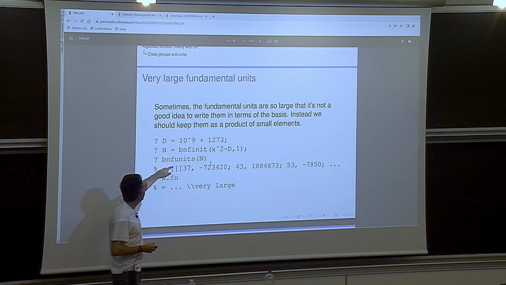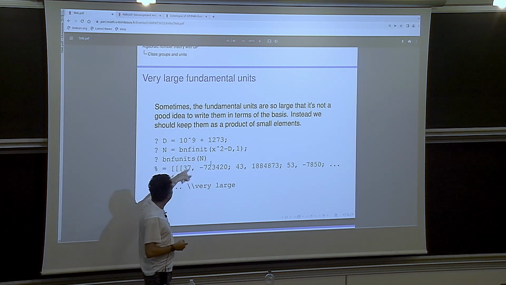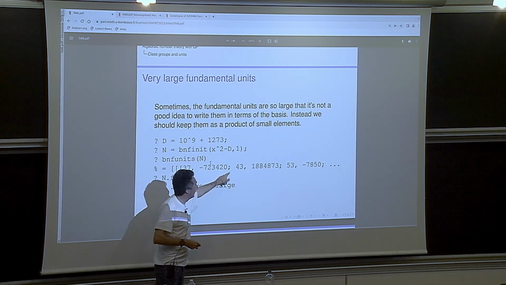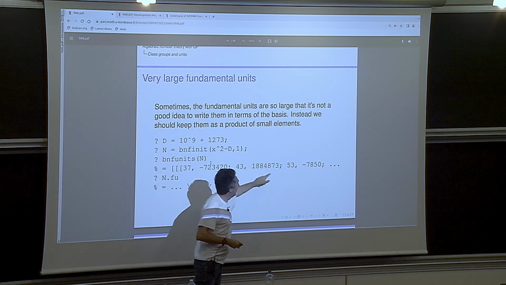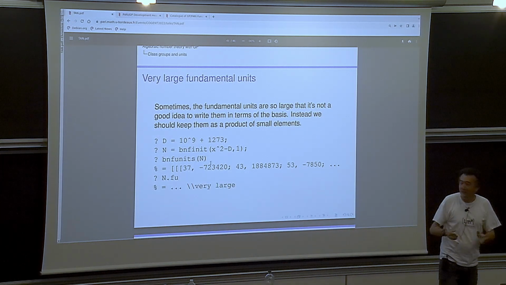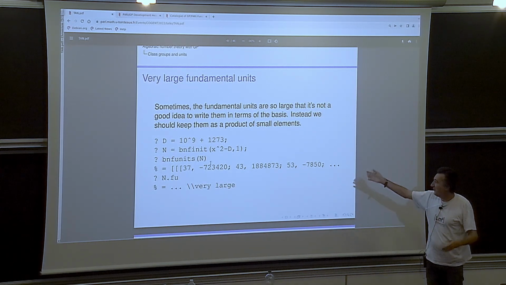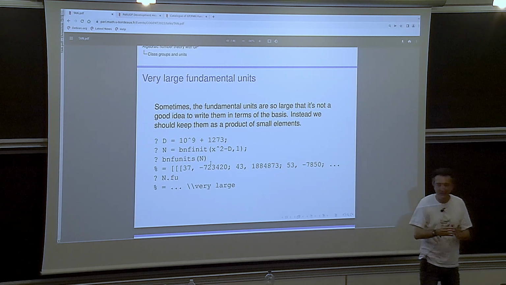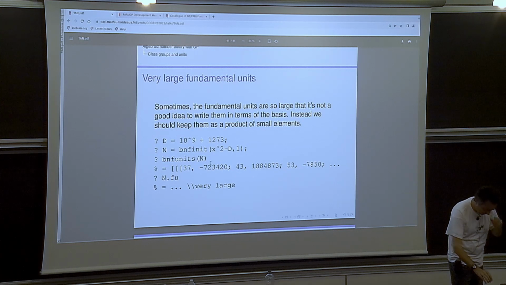So that gives you that the fundamental unit is equal to the product of some 37 elements of some set, but with this exponent, and this one with this exponent. You see that it's compact, because adding one digit to the exponent doesn't increase the space on the screen a lot, but increases the number enormously.